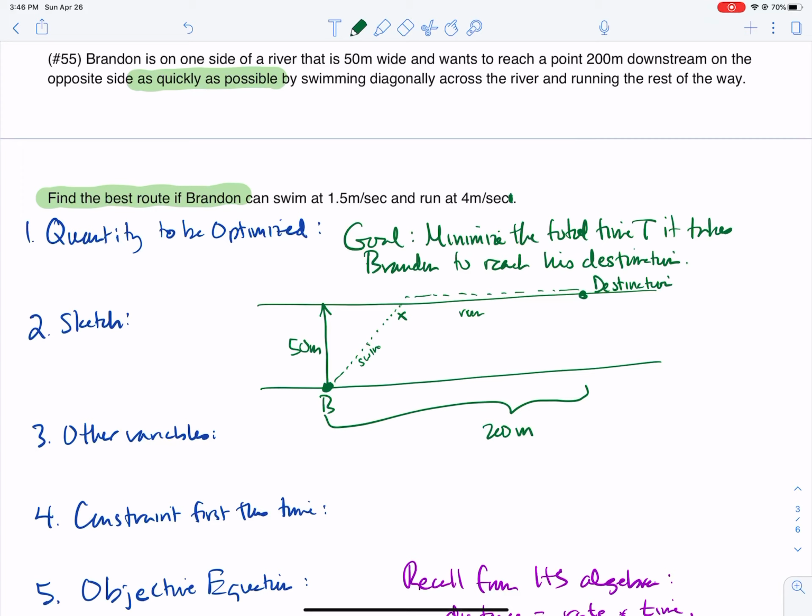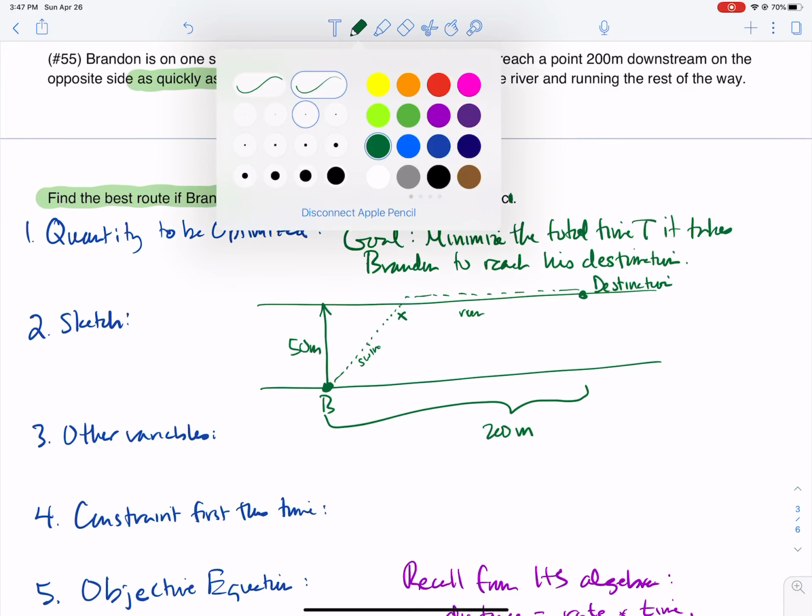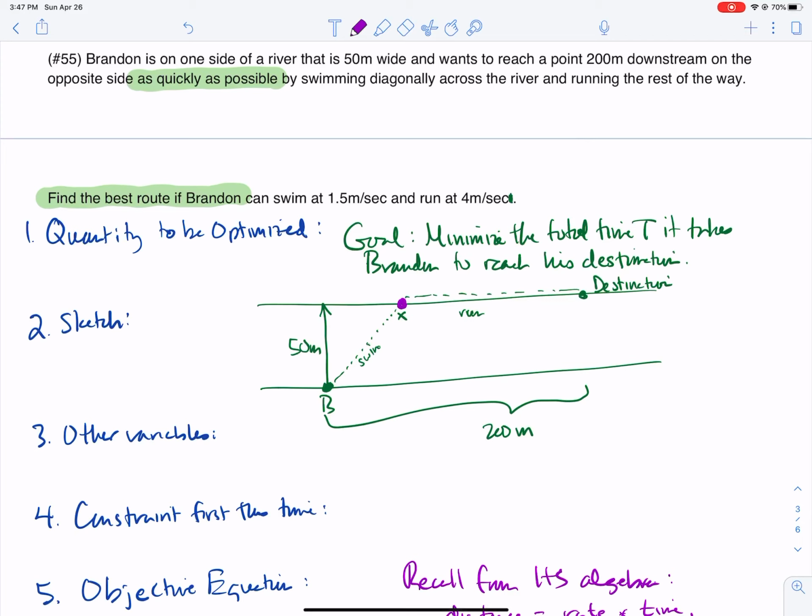And so the question is, what are the other variables that we need on hand in this case? I'm going to point out that this point right here is actually a pretty important point. Rather than call that point X, I can also think of this distance right here as distance x.